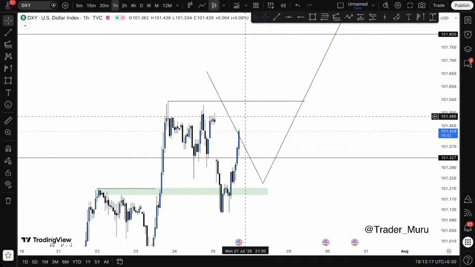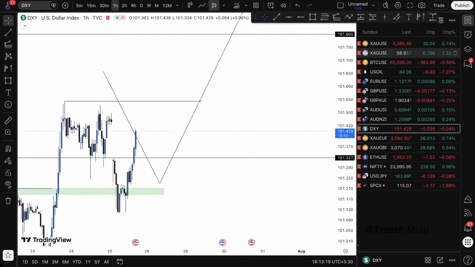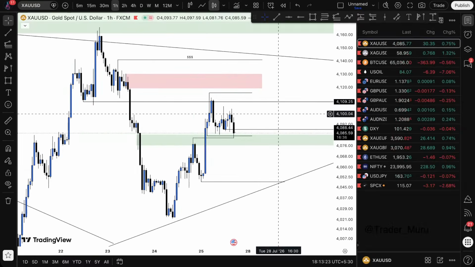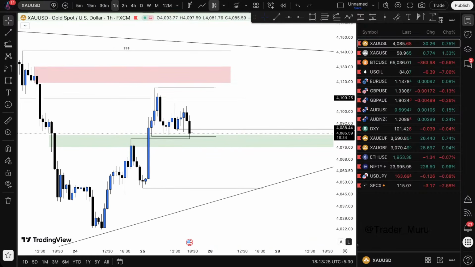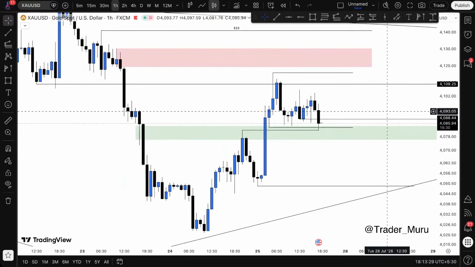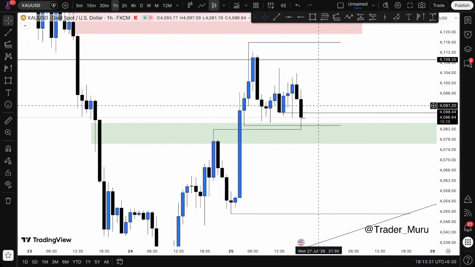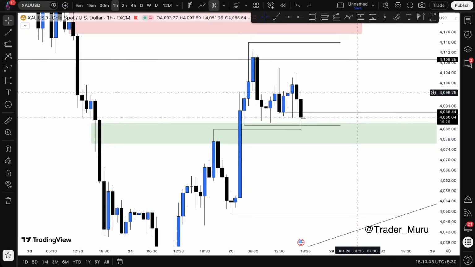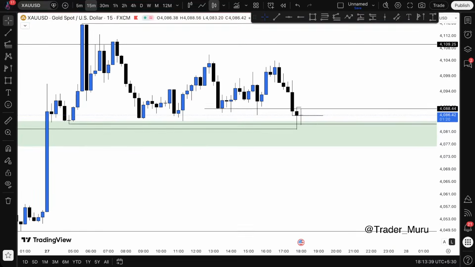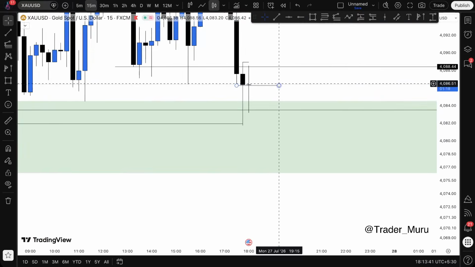That's why it is pumping. Wait for our closing. We still have one 15-minute candle. Then we can watch for a buy or sell.